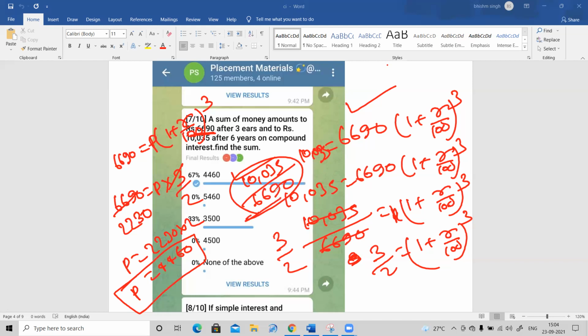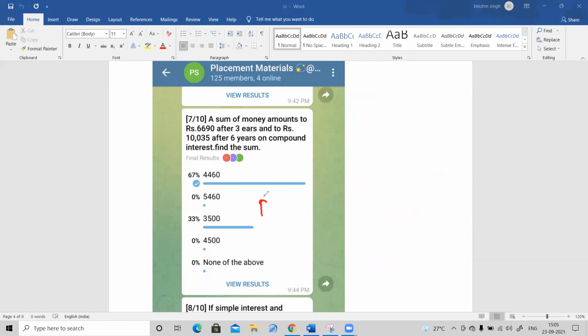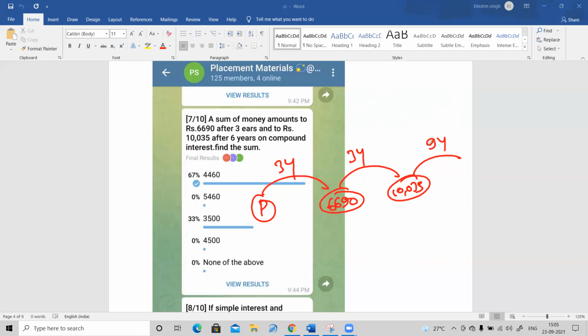And see everyone, if someone will ask, okay, after 9 years, how much is this amount? See, I will explain here. Principal, we don't know starting how much. We know that after 3 years, this is 6690. And after again 3 years, how much is this? 10,035. And again after 9 years, they will ask, like this is after 6 years, this is the 3, this is from starting 6 and from starting 9.